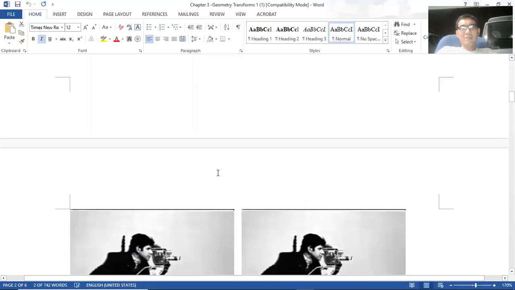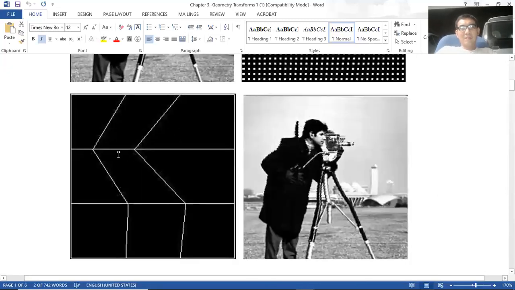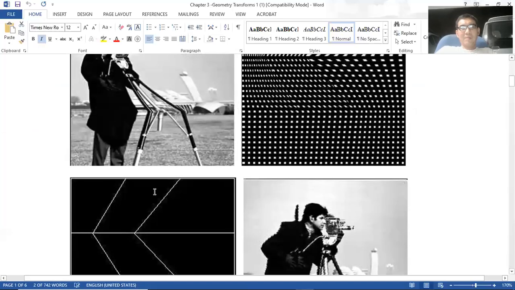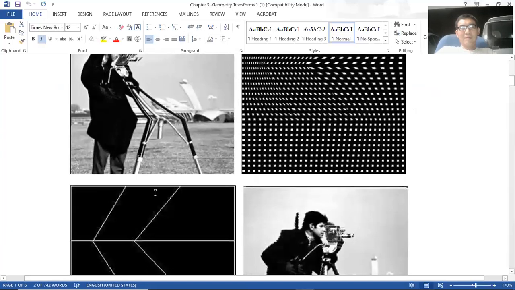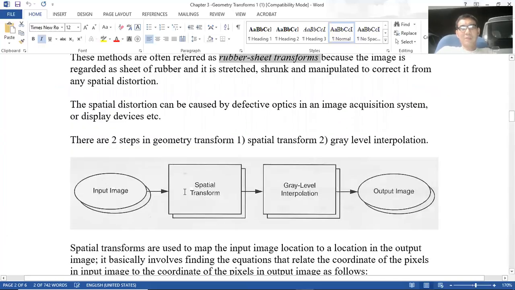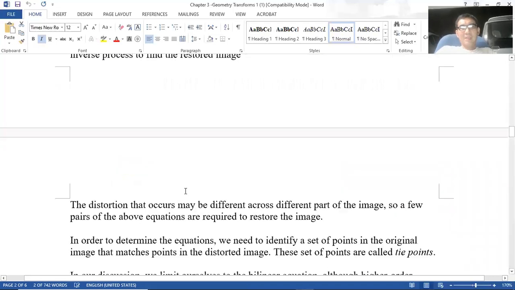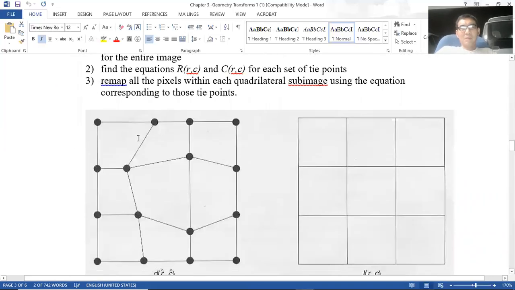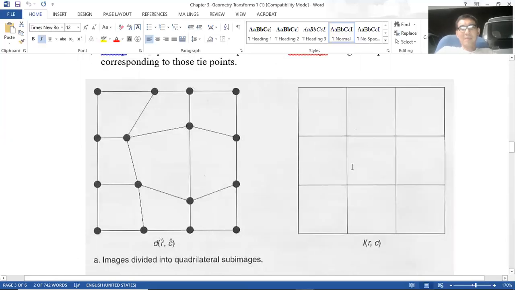What is rubber sheet transform? Here we try to model how the image has been stretched, distorted. After we model it, we can do spatial transform. Once you have modeled how the thing has been distorted, we already have the mapping.